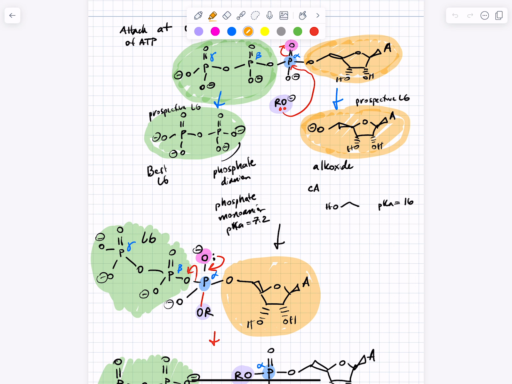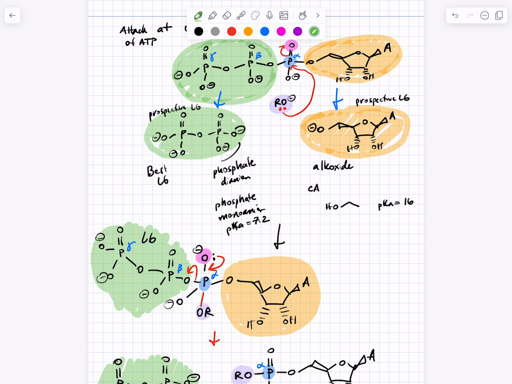To make the decision who gets kicked off, the better leaving group always gets kicked off. So what I did is I drew the green pyrophosphate as it would appear after it had been kicked off, and I drew the orange alkoxide as it would appear if it got kicked off. Then I compared the pKa's of their conjugate acids.